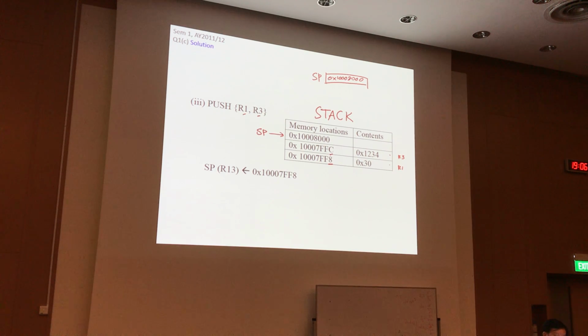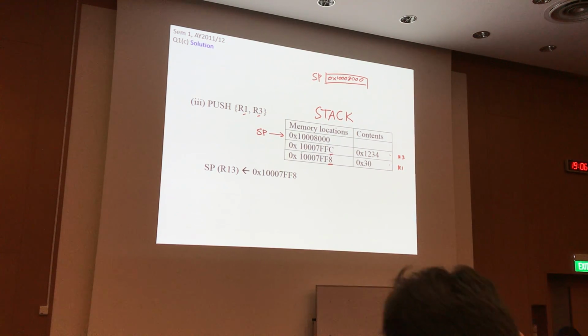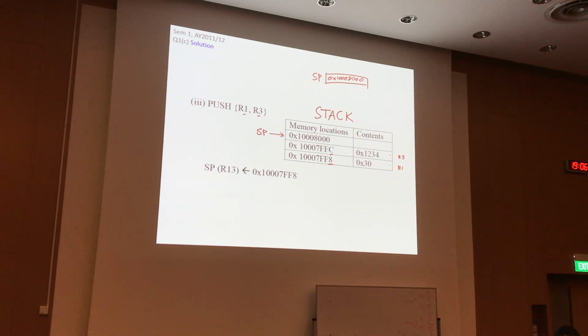Of course, before that, you will actually decrement by 4 first, then store this value inside, then decrement by 4 to store this value inside. And then at the end of the day, the stack pointer is updated to become this value.